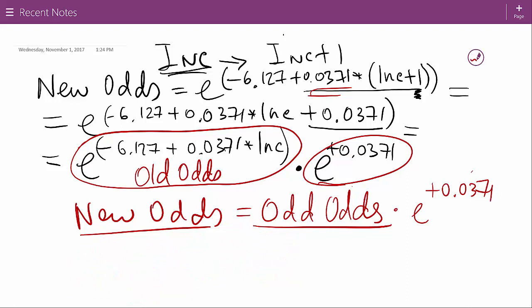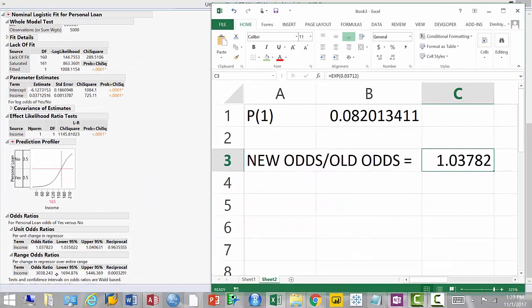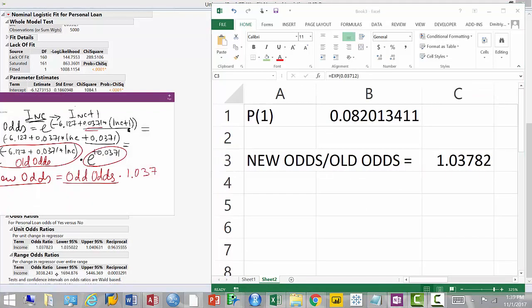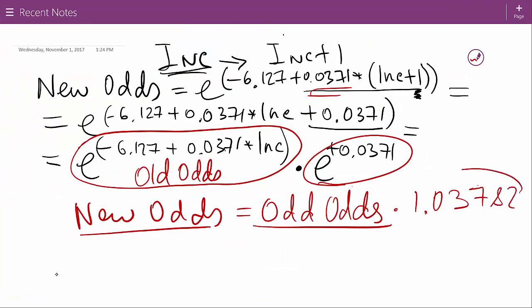Remind me one more time, how much was it? We just computed it. It's 1 point something. 1.03782. It's an odds ratio, right?